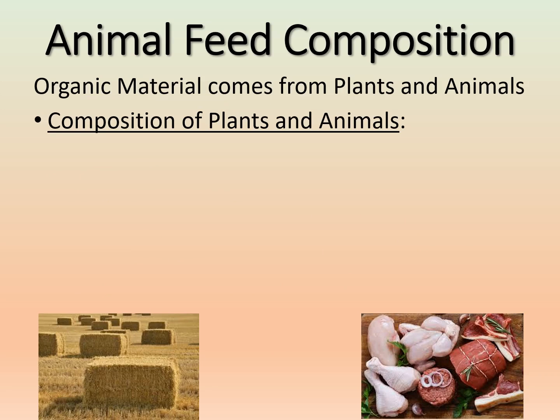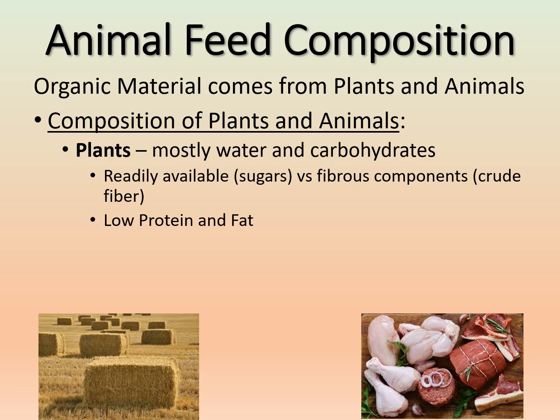So where does the organic material come from? We're talking about the protein, the fats, the carbohydrates, the vitamins, and they're coming from plants and animals. So what is the composition of plants and animals? If we're talking about plants, we're mostly talking about water and carbohydrates. When we're talking about carbohydrates, you're talking about those readily available sugars, simple sugars that we'll talk about, and the fibrous components of carbohydrates, like cellulose, that's harder to break down.